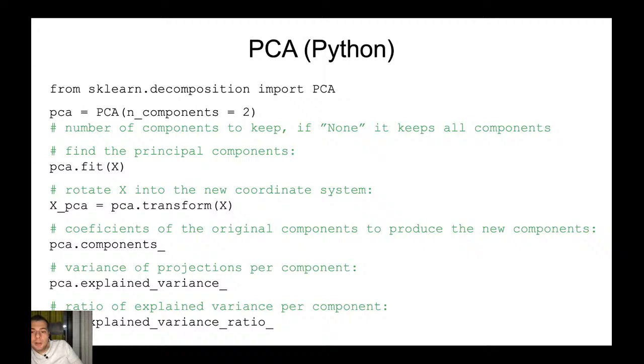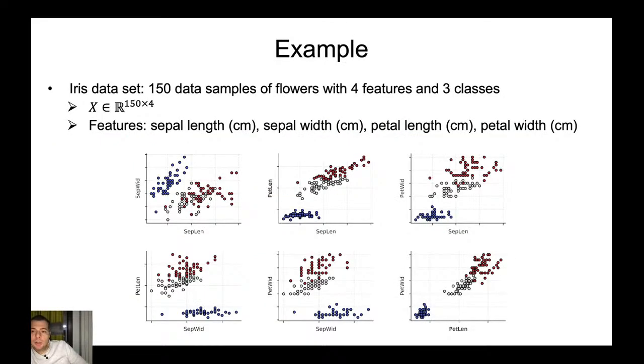Okay, so you can look at the coefficients of the components and the explained variance of each new component, and so on. So yes, you can look at how PCA works in scikit-learn and how you can use it.